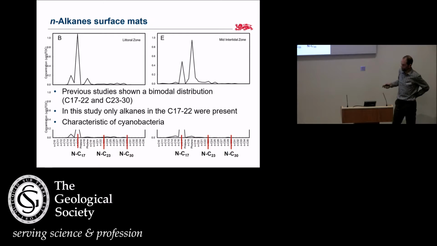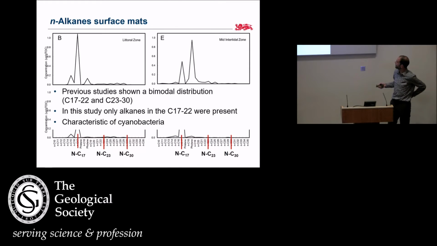So based on literature, the peaks in the C17 to C22 range are characteristic of cyanobacteria. So cyanobacteria have produced these lipids and these extractable, these available hydrocarbons.